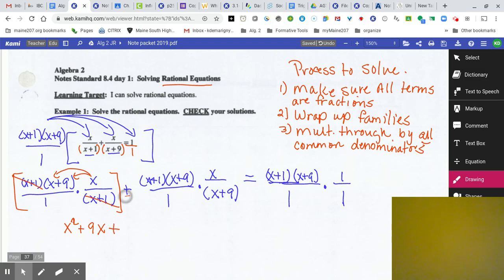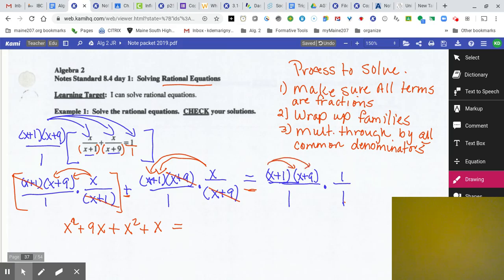And there's a plus sign here. And then the x plus 9 takes out this x plus 9, and you have to distribute x times x plus 1. X times x is x squared, and x times 1 is a positive 1x. Then there's the equal sign, and there's nothing to take out an x plus 1 or an x plus 9, so I have to do a FOIL right here.